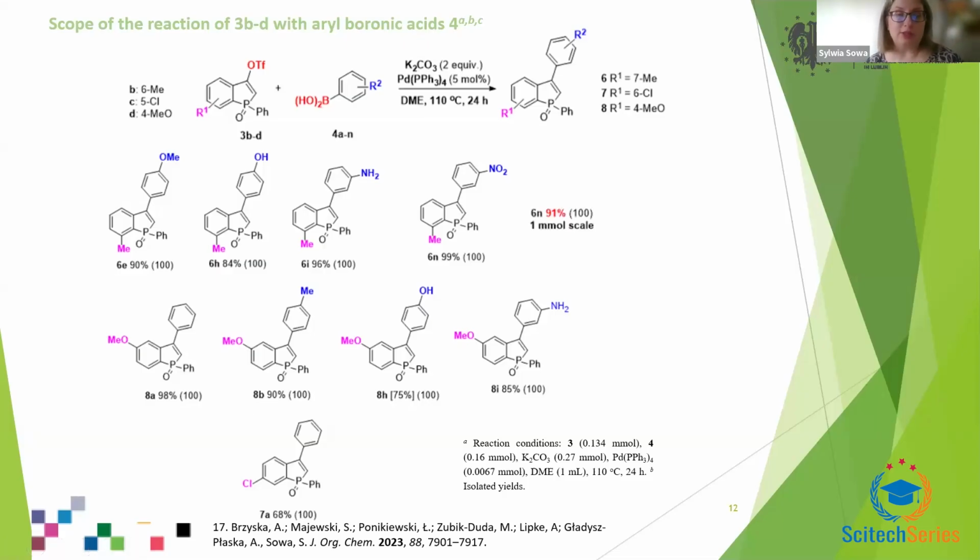It was also found that the reaction is scalable to 1 millimole, and in this case, using triflate 3B with methyl substitution, we obtained in reaction with nitrophenyl boronic acid the product 6N with a yield of 91%.